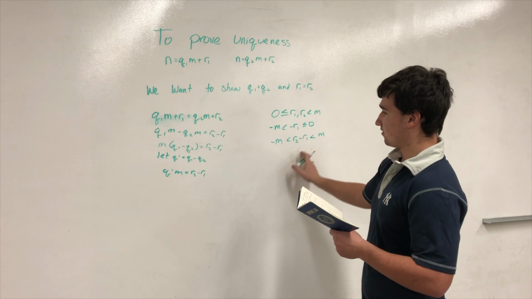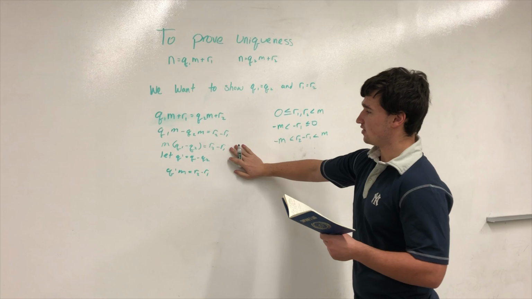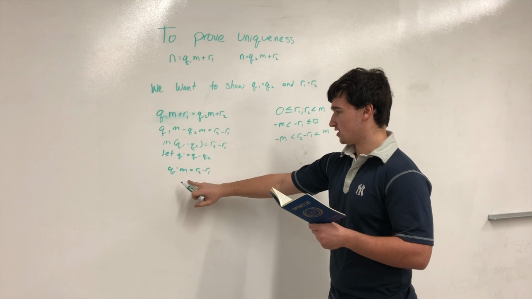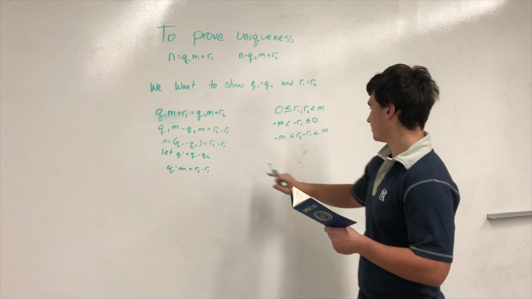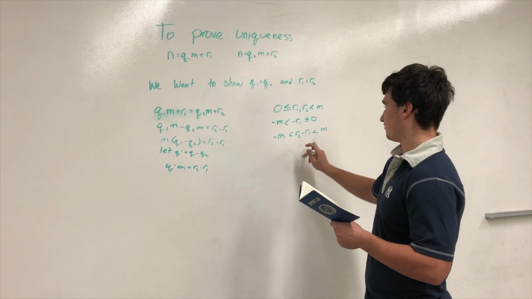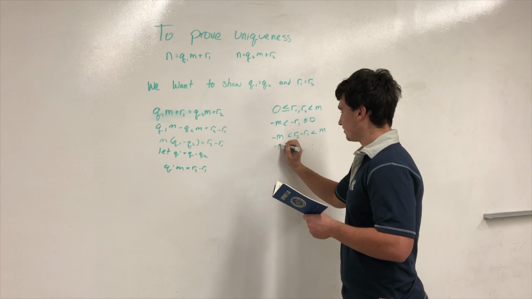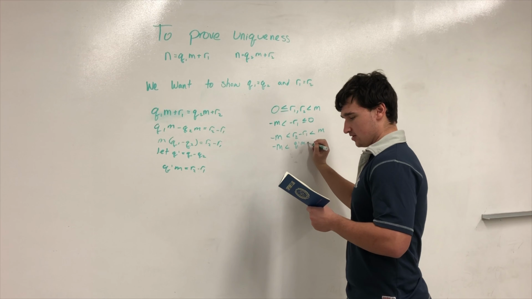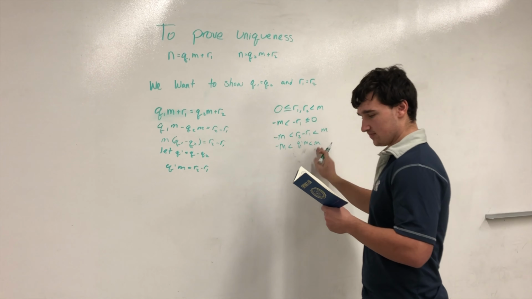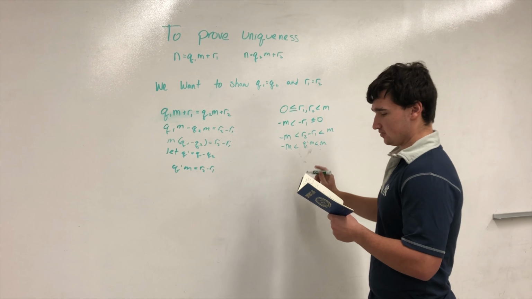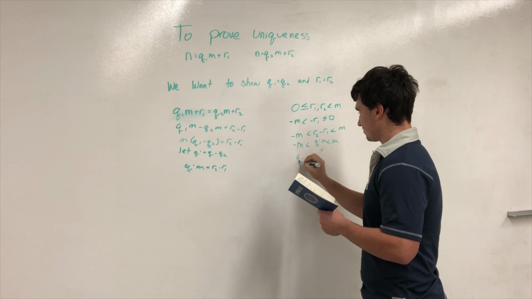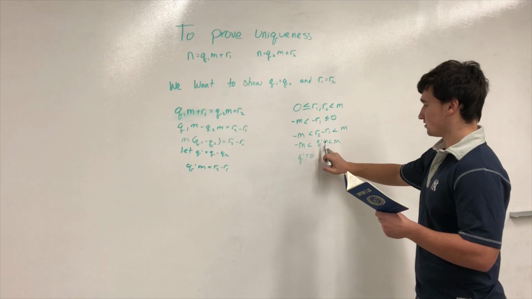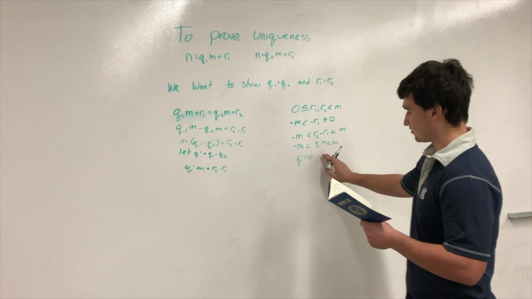And from the previous equation that we have manipulated, we have that q prime m equals r2 minus r1, and here we have r2 minus r1, so we can substitute in for that q prime m, which is less than m. And so now we're going to let q prime equal 0, which allows this equation to continue to be held true.